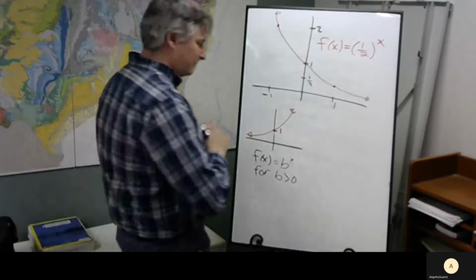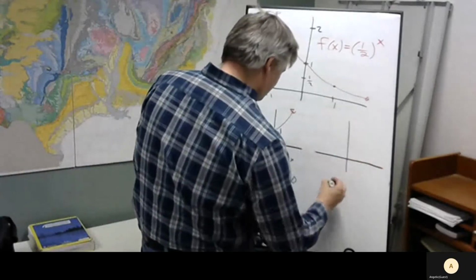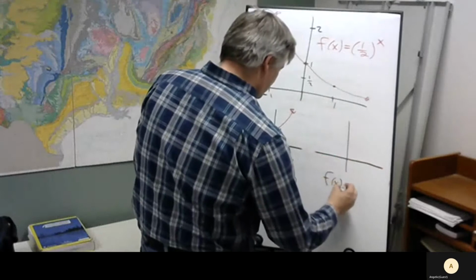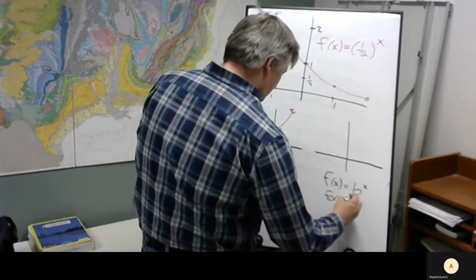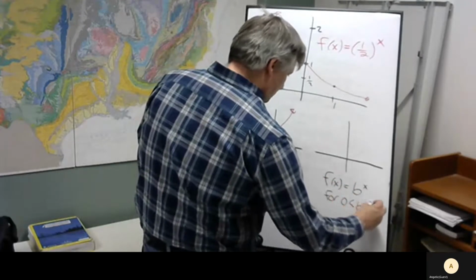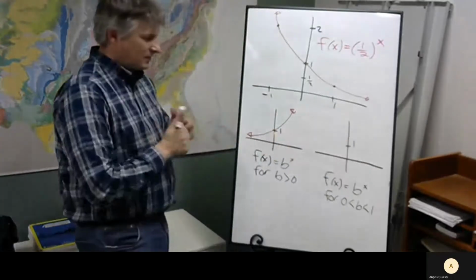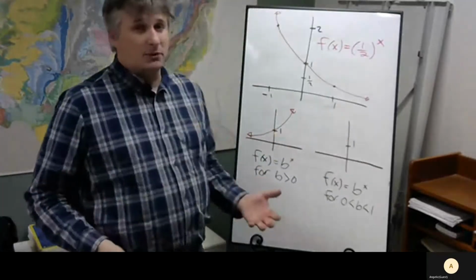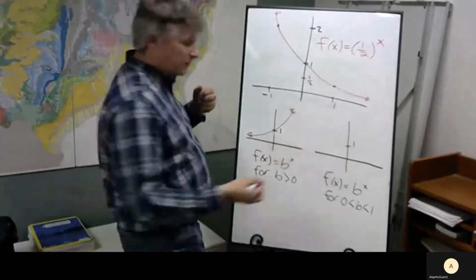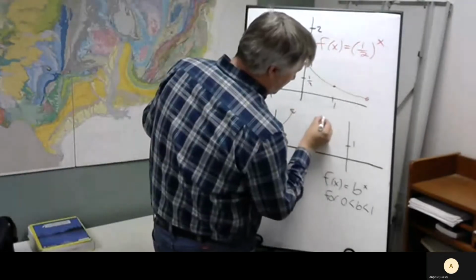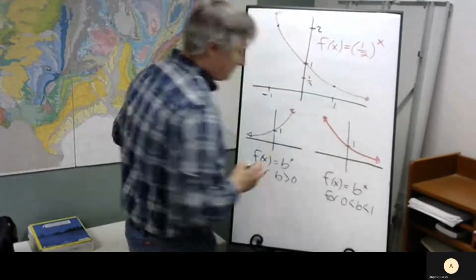The other version, when b is between 0 and 1, say like 1/2, or 1/3, or 1/4, or 3/4, we're going to see something like this.